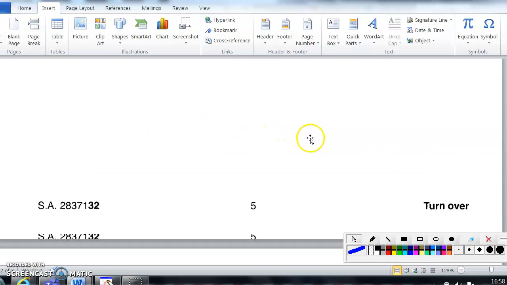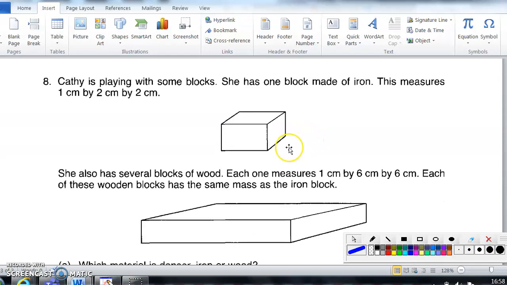Next question. Kathy is playing with some blocks. She has 1 block made of iron. This measures 1 by 2 by 2, so this is the small block. She also has several blocks of wood. Each one measures 1 by 6 by 6. Each of these wooden blocks has the same mass as the iron block.